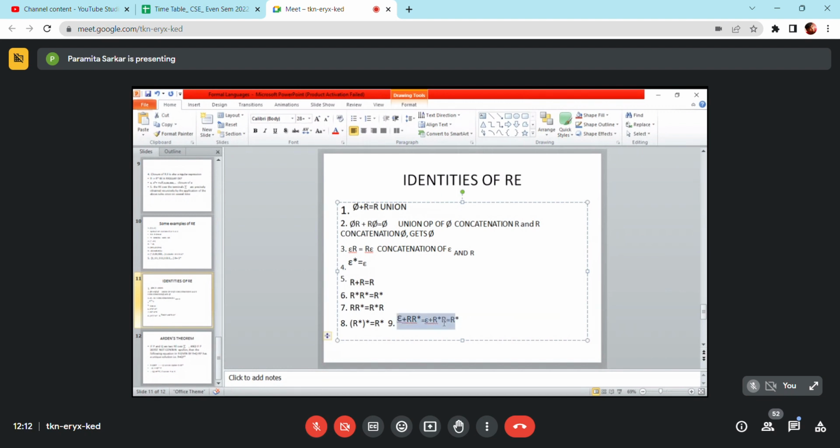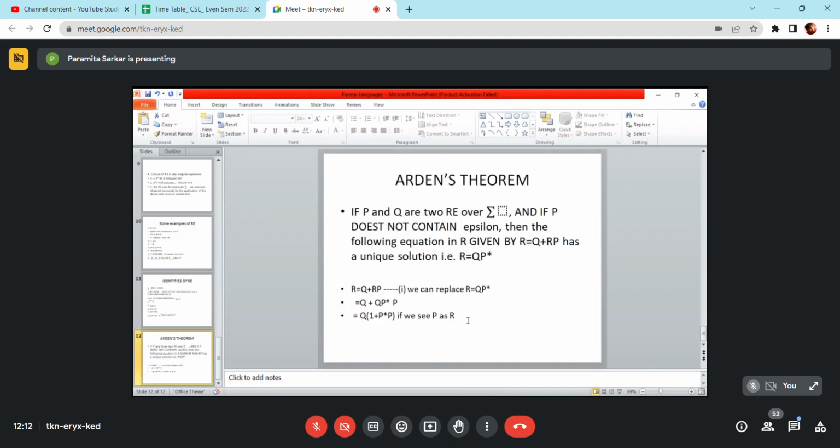So this is what we will apply here. If you apply this and consider P as R, then you can see that this is epsilon plus P star. How do we get P star? If you consider P as R, then how do you get P star?